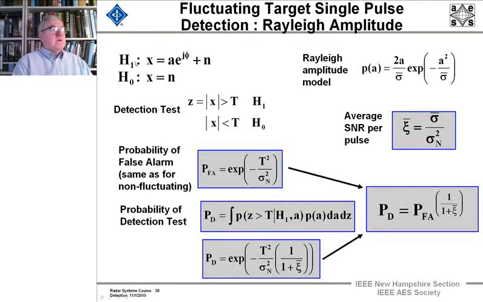So we've got our two hypotheses. Here we have the target, which is a complex signal. And for a Rayleigh amplitude of the target, we can actually calculate the probability of detection as a function of PFA, where psi bar is the average per pulse signal to noise ratio. This calculation is relatively straightforward and can be done.